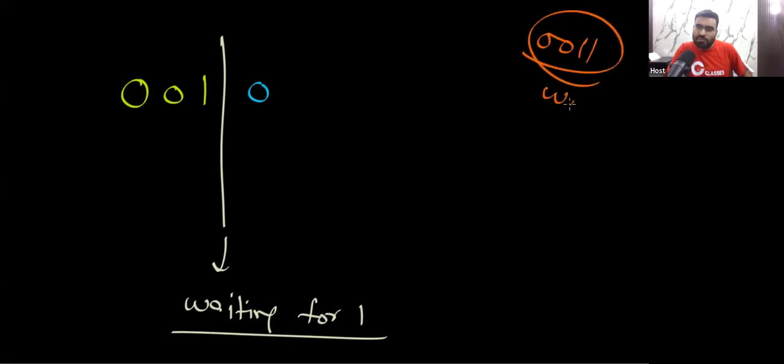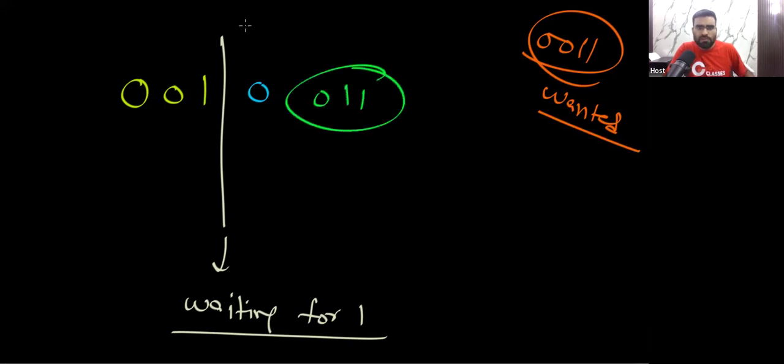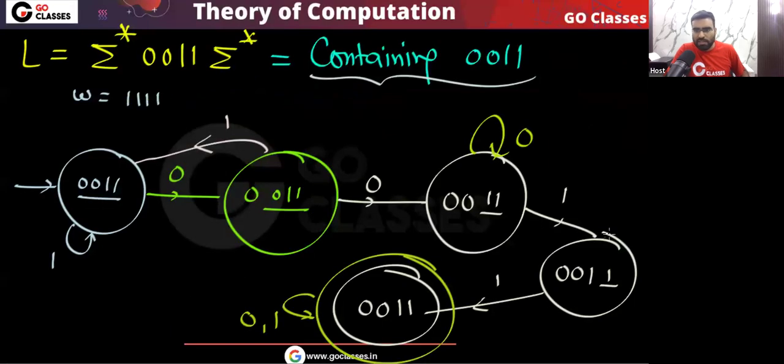So if another 0 comes, then I have to wait for 011. Yes or no? So remember, in this state, if 0 comes, then I have to wait for 011.